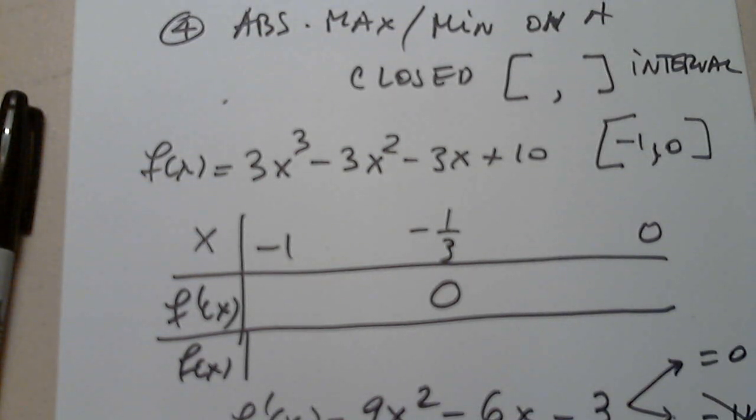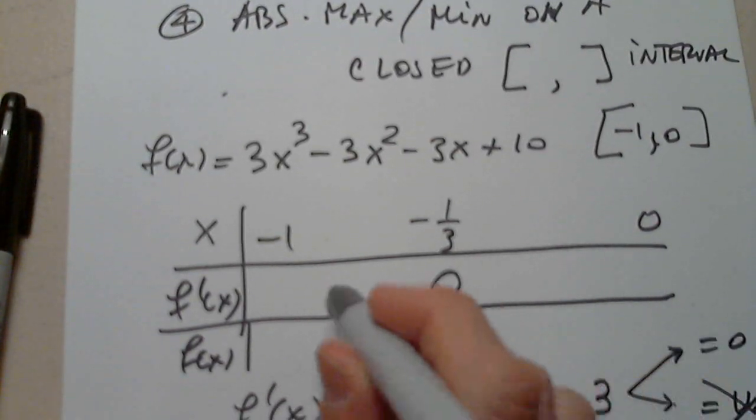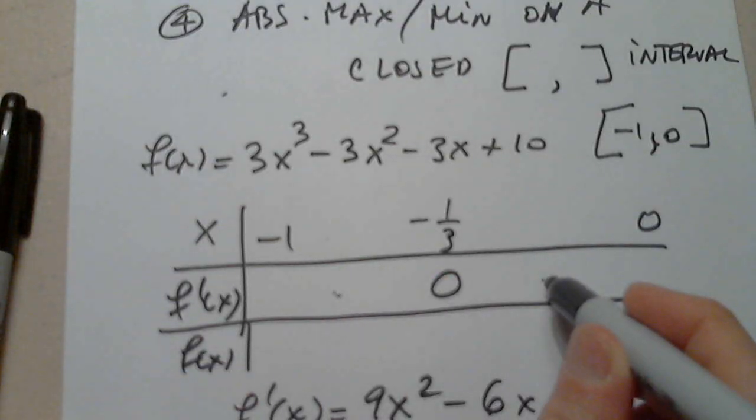Is that clear? Negative 1/3 fits in the interval, but 1 does not. So we found that x equals negative 1/3, and we found that x equals 1. Perfect, but it doesn't fit here. All I have to do now is find the sign left and right.